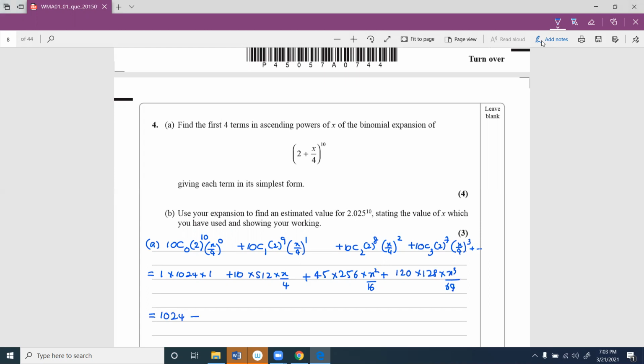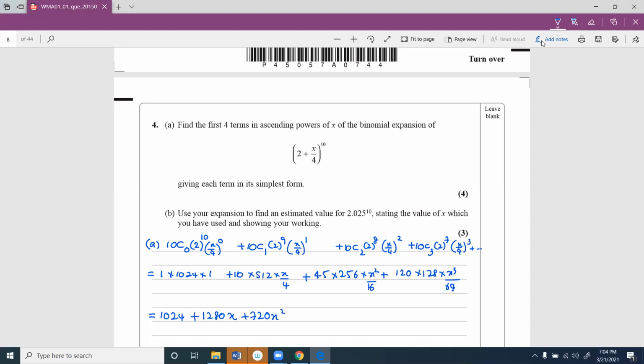1024 plus 5120 divided by 4 is 1280x. Right. Then the next value is 45 into 256 divided by 16, 720, plus 720x squared.